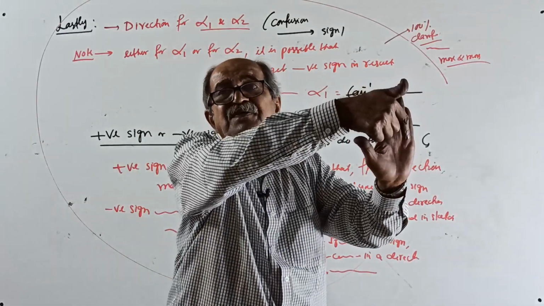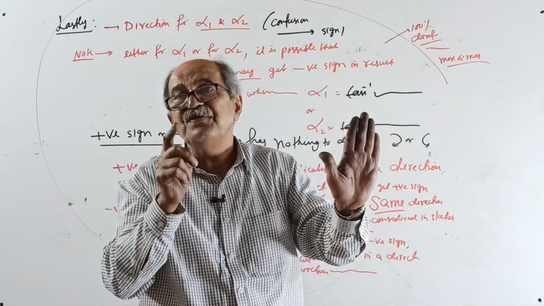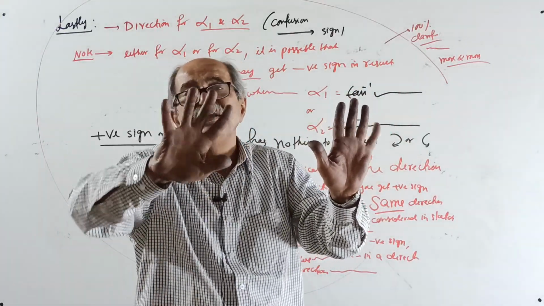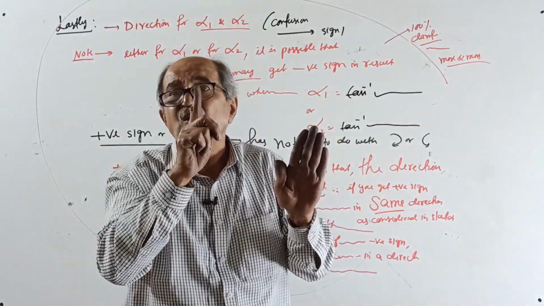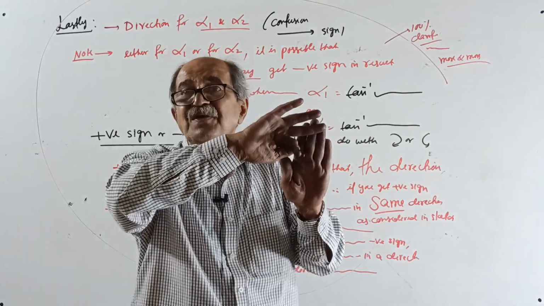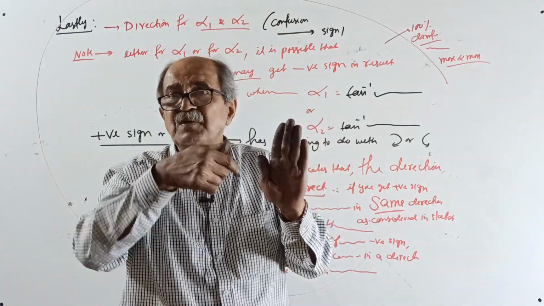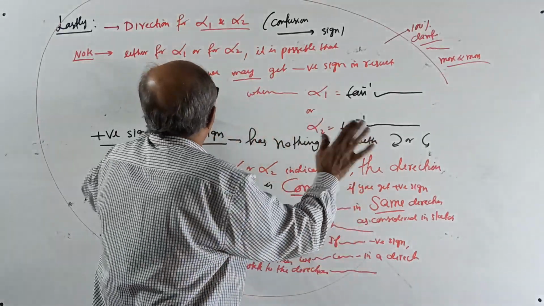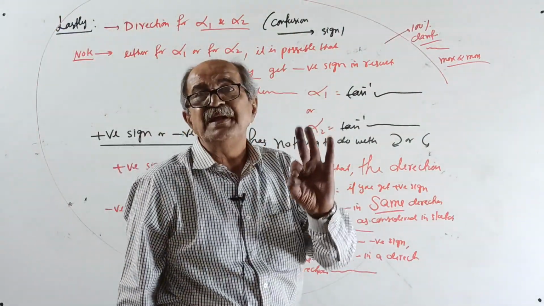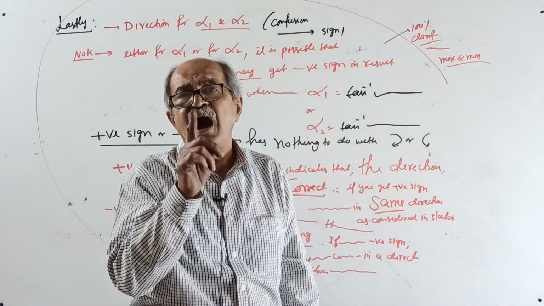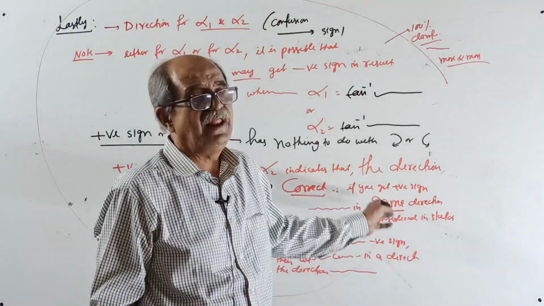If you mark clockwise, positive means clockwise, negative means reverse, anti-clockwise. If you mark anti-clockwise, positive is correct, negative means reverse, clockwise. But nothing to worry, this will be clarified very systematically, maybe taking more than half an hour in the numerical examples.